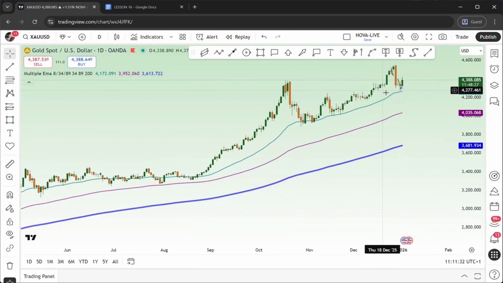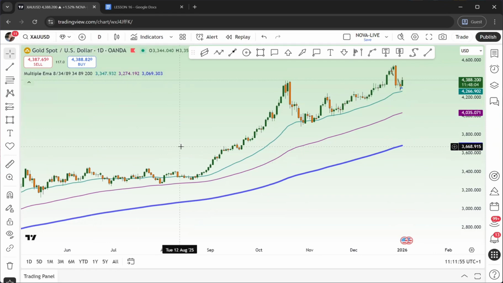So this shows you in the long term, the market is still in the uptrend. Yeah, it cannot break down strongly right now. So this is the own trend of gold.